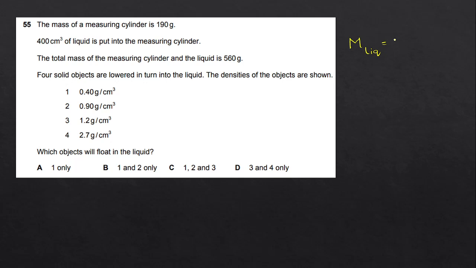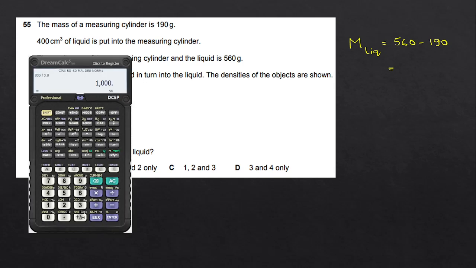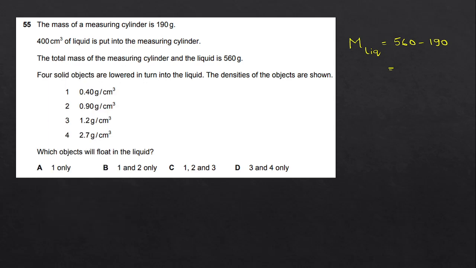So the mass of the liquid alone will be 560 minus 190, which is 370. 370 gram will be the mass of the liquid.